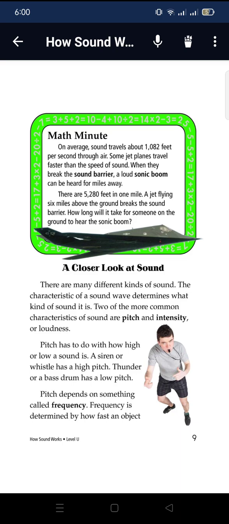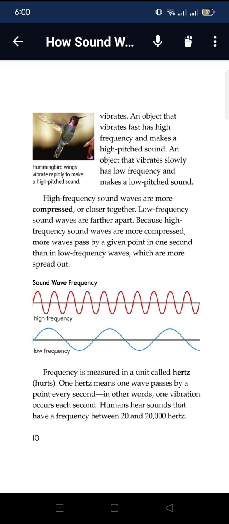Pitch depends on something called frequency. Frequency is determined by how fast an object vibrates. An object that vibrates fast has high frequency and makes a high-pitched sound. An object that vibrates slowly has low frequency and makes a low-pitched sound.